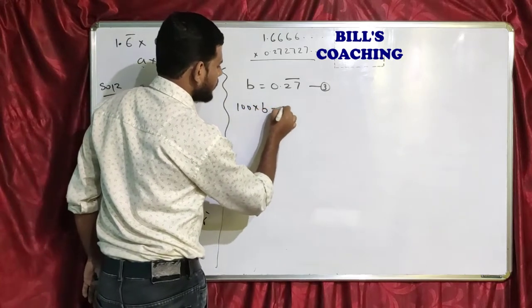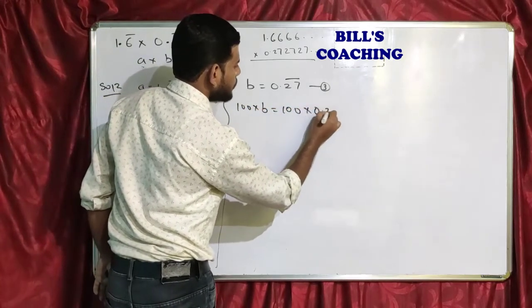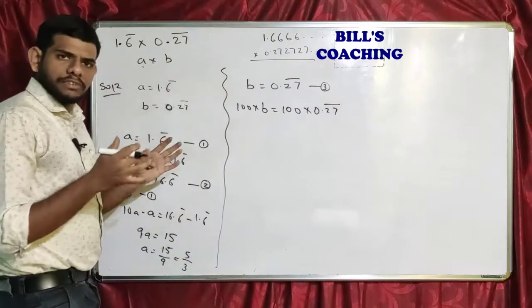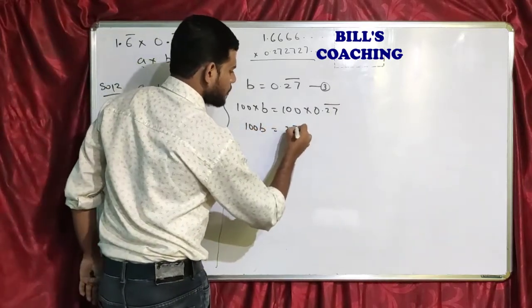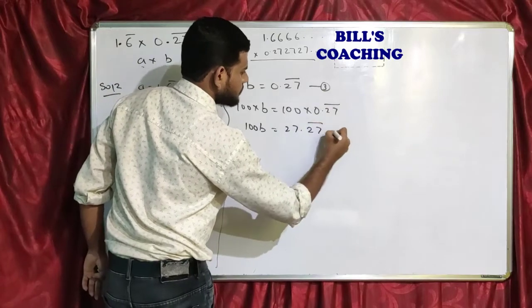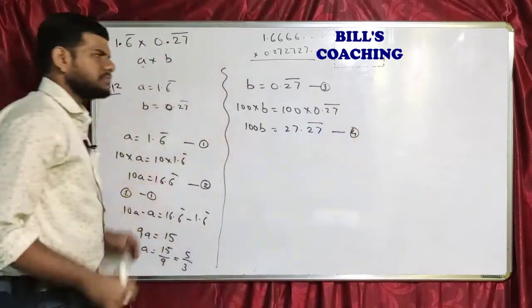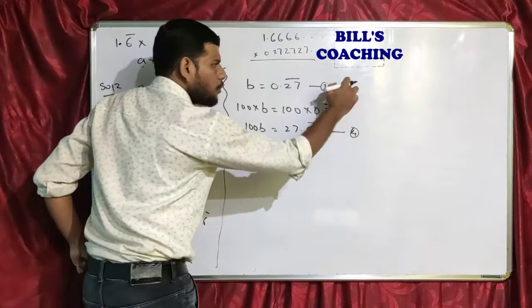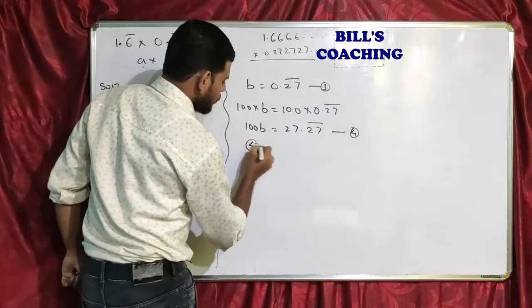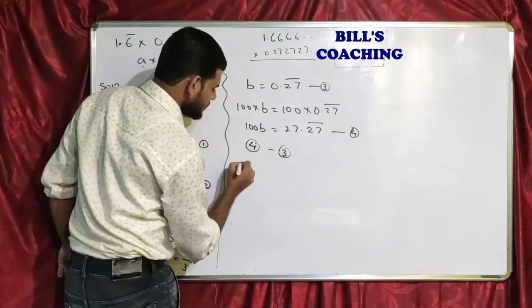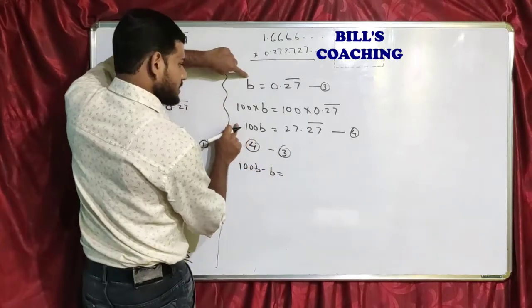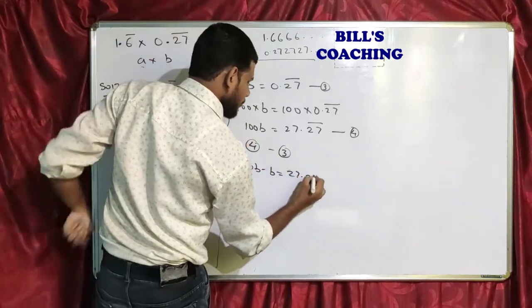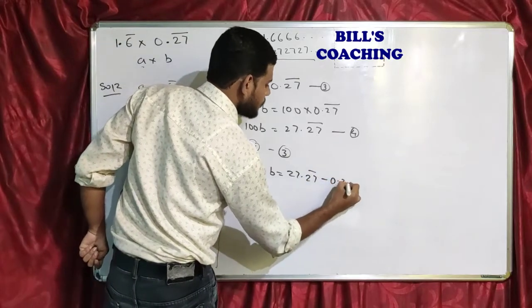So 100 into 0.27 bar will become 100B, which will be equal to 27.27 bar. Simple thing. We'll subtract 4 minus 3, and this will give us 100B minus B, which will be equal to 27.27 bar minus 0.27 bar.